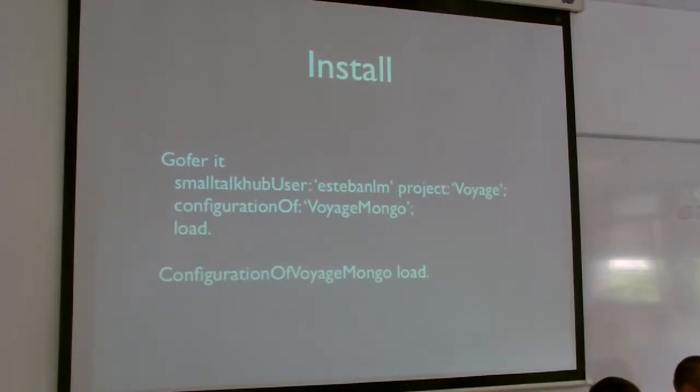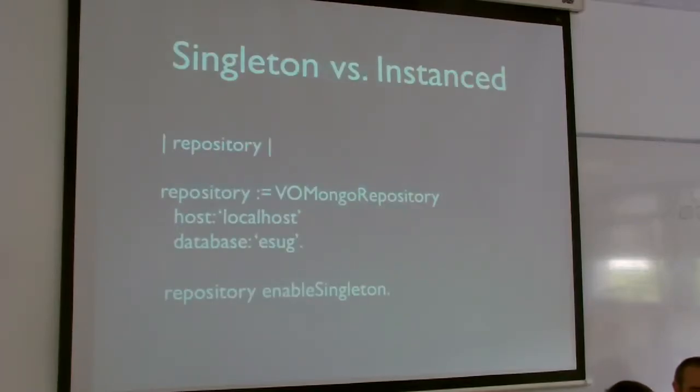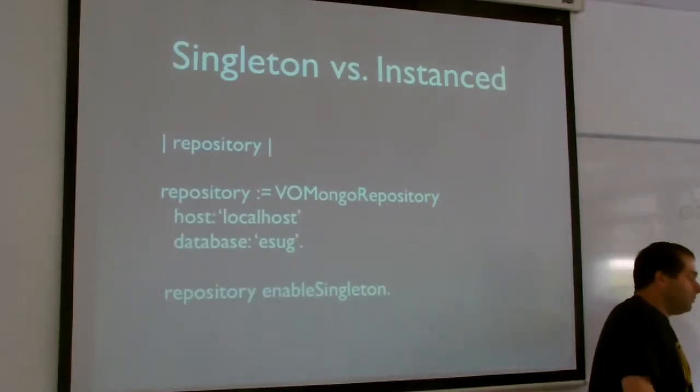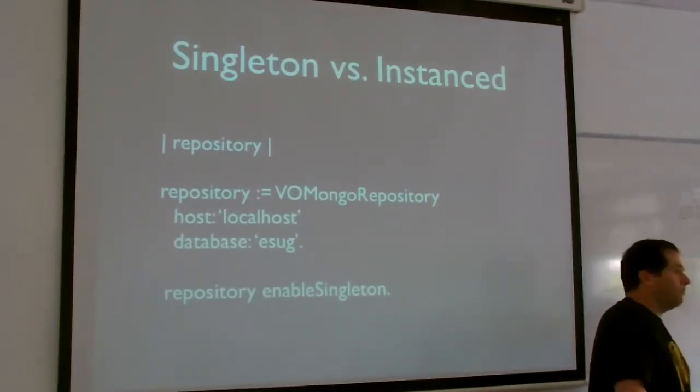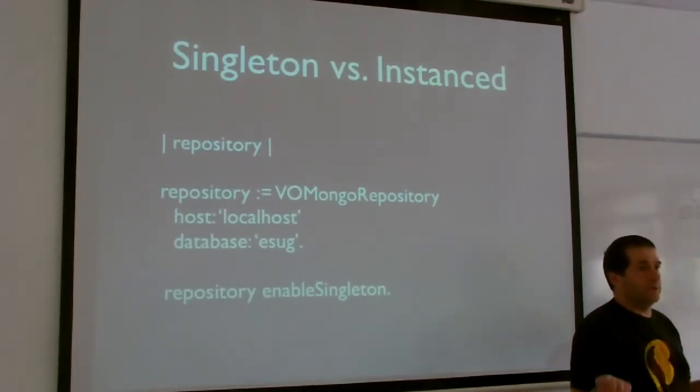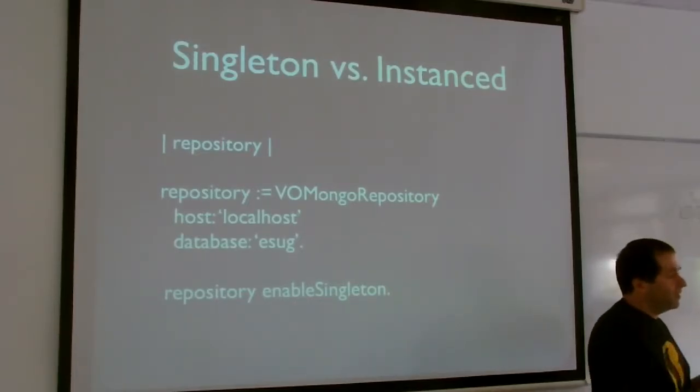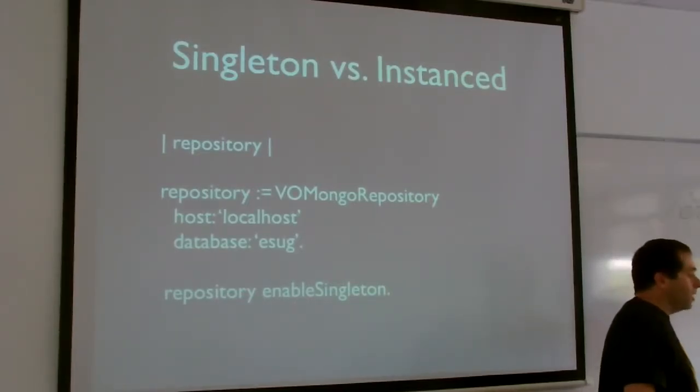Okay, go. Perfect. So first, the idea of Voyage is that you can have multiple repositories going in the same image. That works, for example, if you have more than one application.